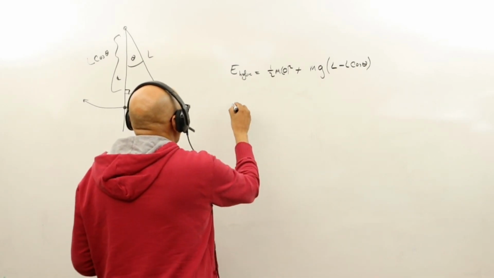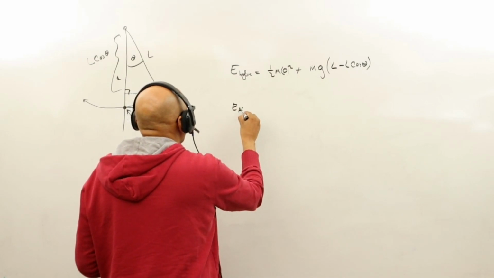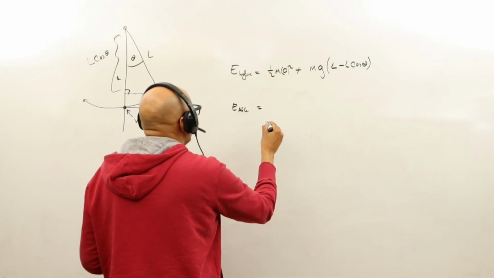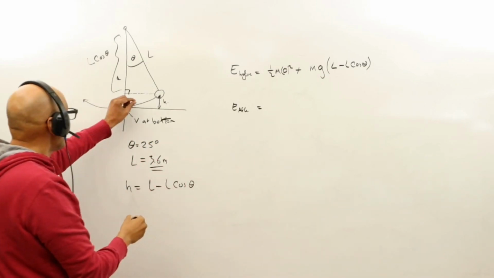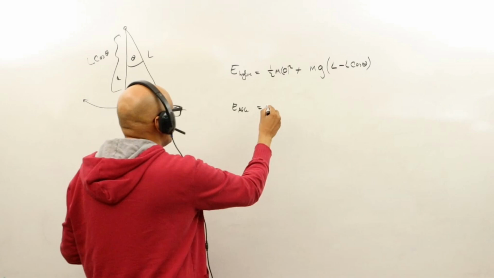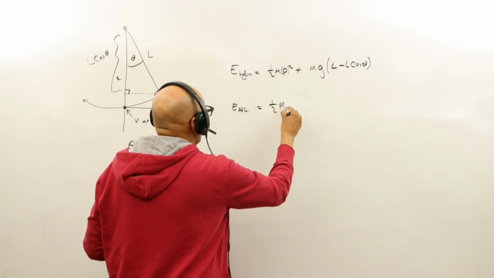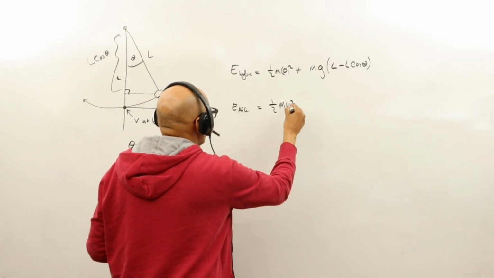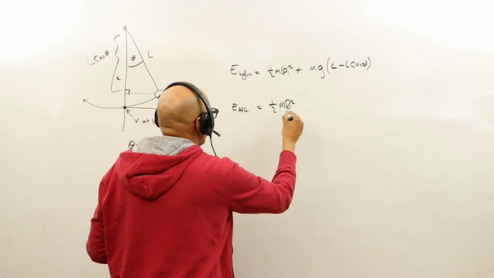And the energy after: it's at the bottom of the swing, so it'll have total kinetic energy, which will be 1/2 mv squared. This is what we're trying to find, so I'll circle it here.